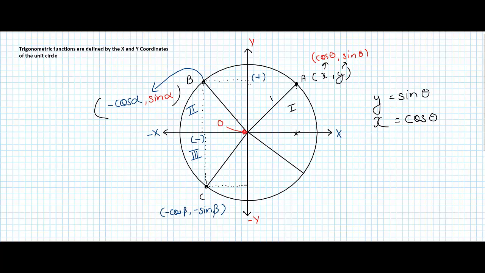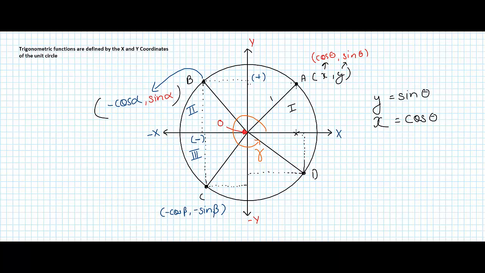And let us say that this line makes an angle gamma with the positive x-axis. Let us call this point D. Again, the x and y coordinates of this point are going to be the trigonometric functions by the rules of triangles. So now you can see the x coordinate of this point is going to be positive, and the x coordinate is itself the cos of this angle gamma.